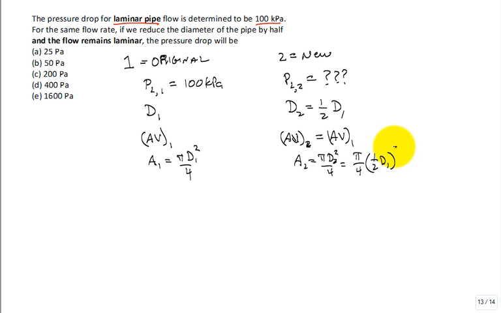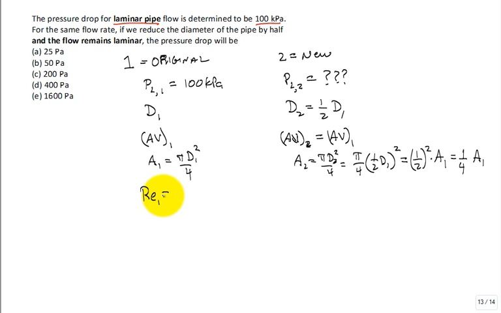I know I'm being a little pedantic here, but being clear to help guide you along the process so that we find we have 1/2 squared times A1. A new area, you cut the diameter in half, but the new area is 1/4 the old area. True or false?